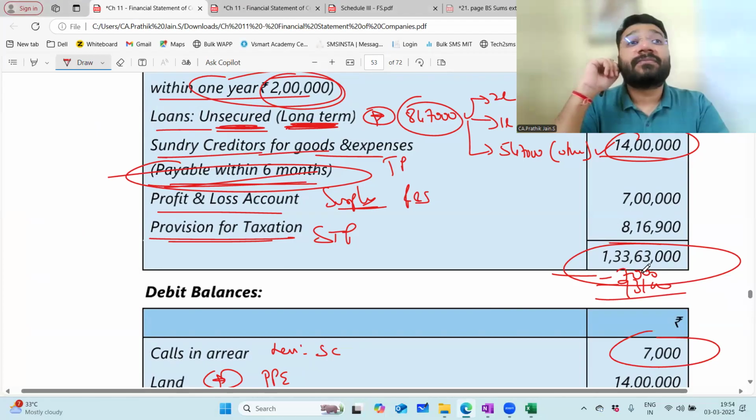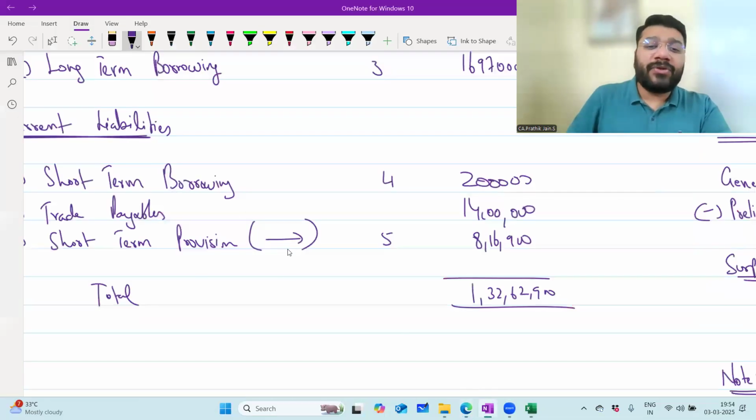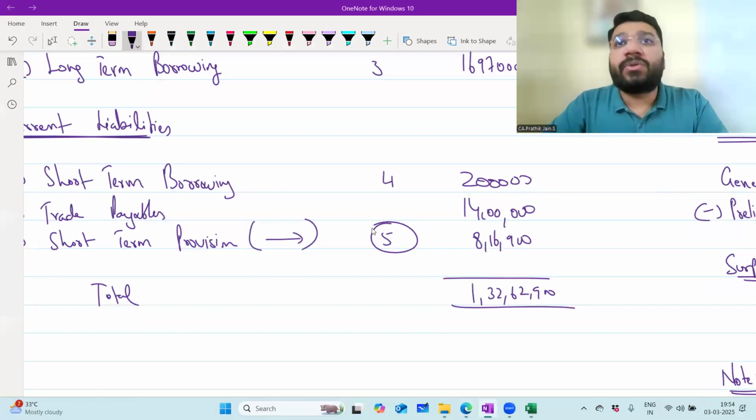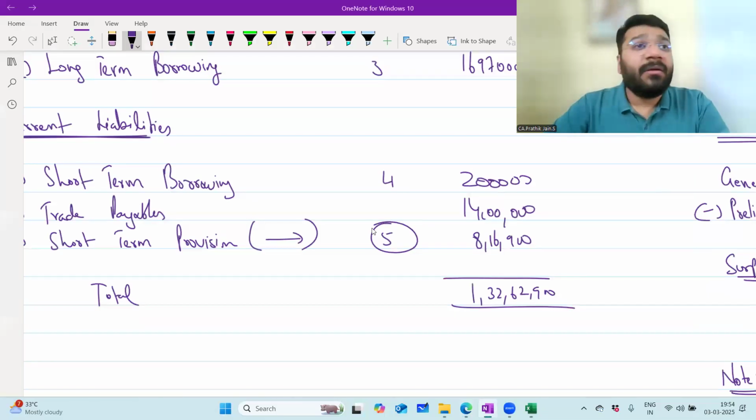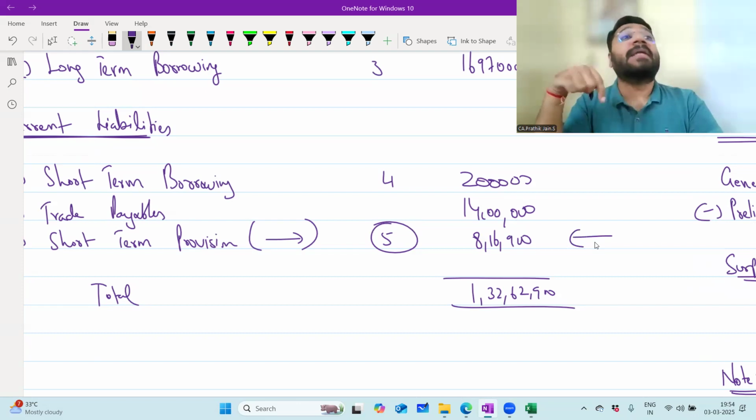The question being asked is: sir, in the exam, for short-term provision, if I don't give a note number separately, if I don't disclose separately, will they deduct marks? Maybe, maybe not. But my point is, in the exam you don't have time. If, because of giving the disclosure, you don't end up completing the balance sheet, anyway you lose the marks.